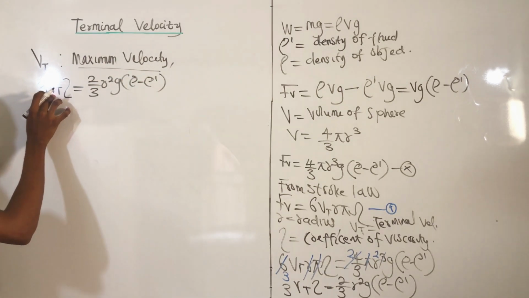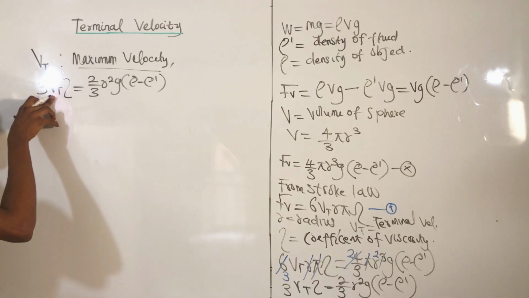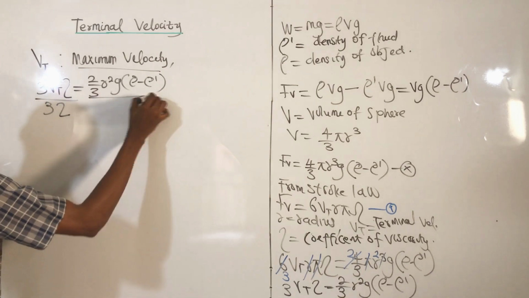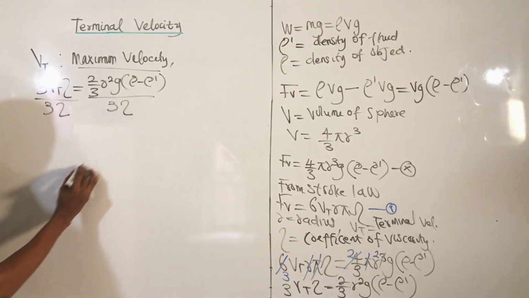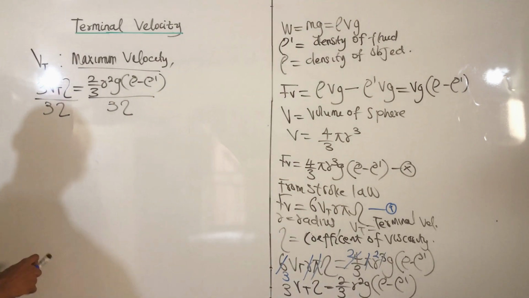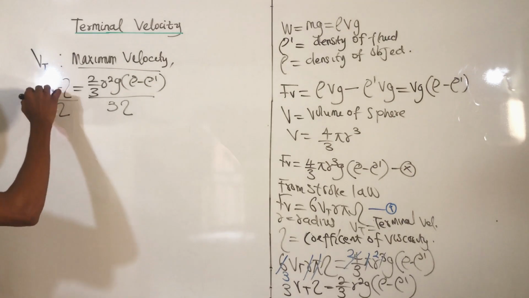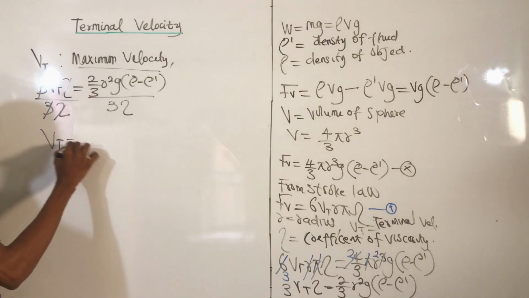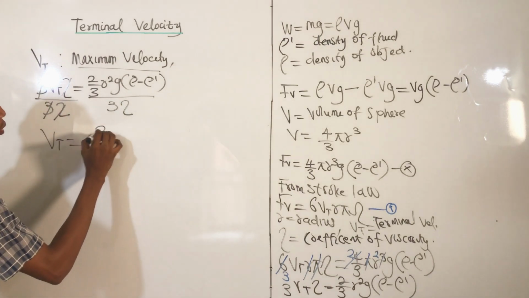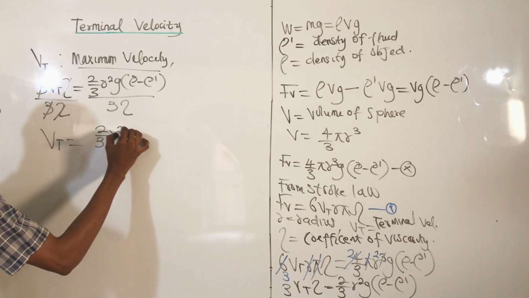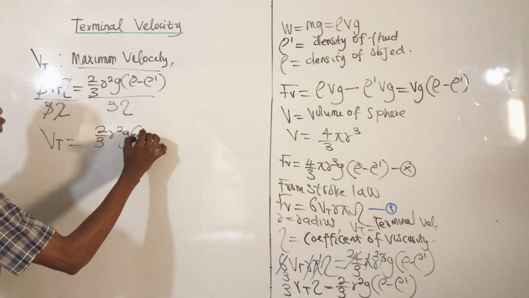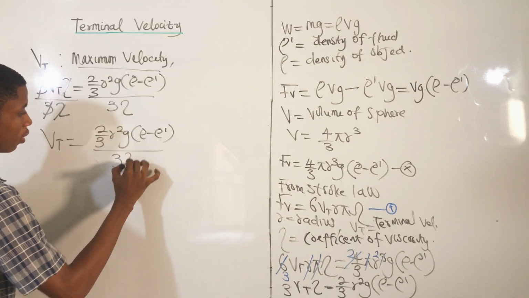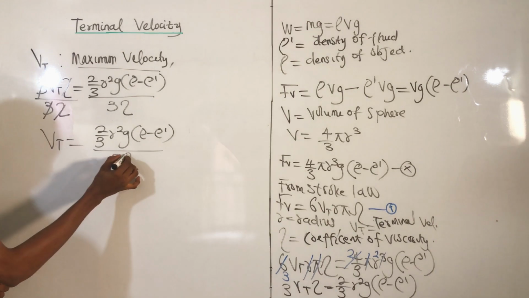To make Vt the subject, we divide both sides by 3 times the coefficient of viscosity. This will cancel this and this will cancel this. You're left with Vt equal to 2/3 rho square g bracket rho minus rho prime over 3 coefficient of viscosity.